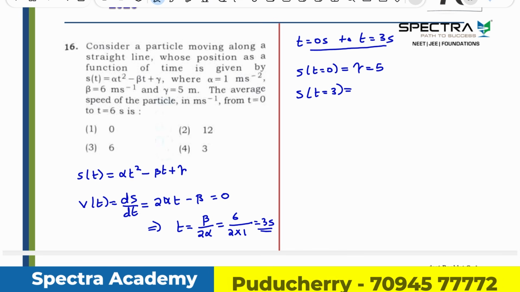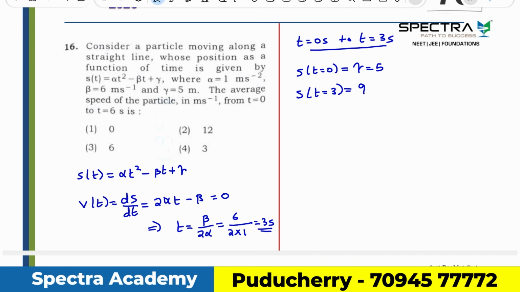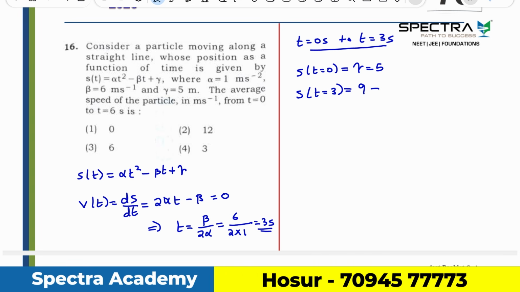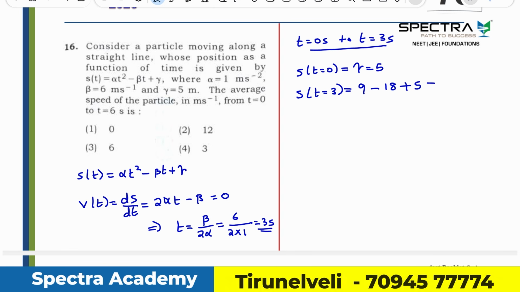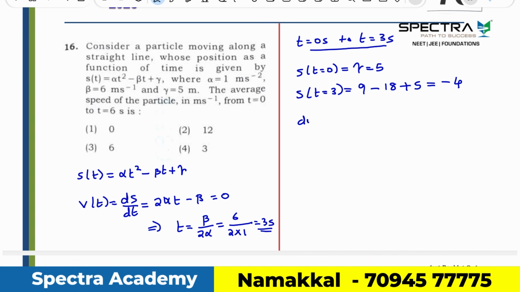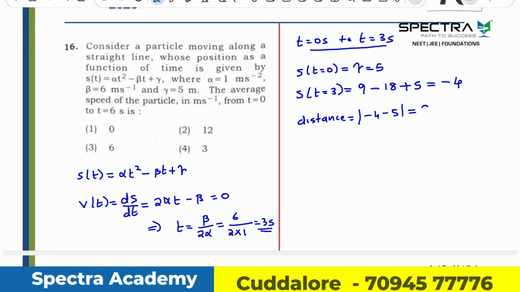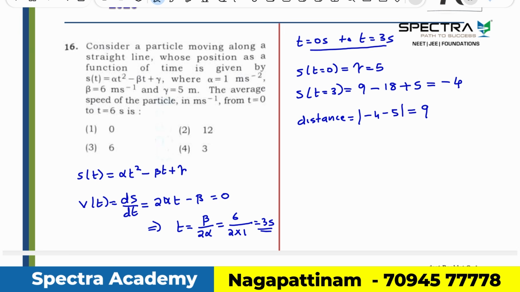So 1 into t square is 9, minus beta t, that is 6 into 3, that is 18, then plus 5. So this is actually minus 4. Okay, so what is the distance here? How to find the distance? Distance will be equal to minus 4 minus 5, that will give me 9. So that is the distance.